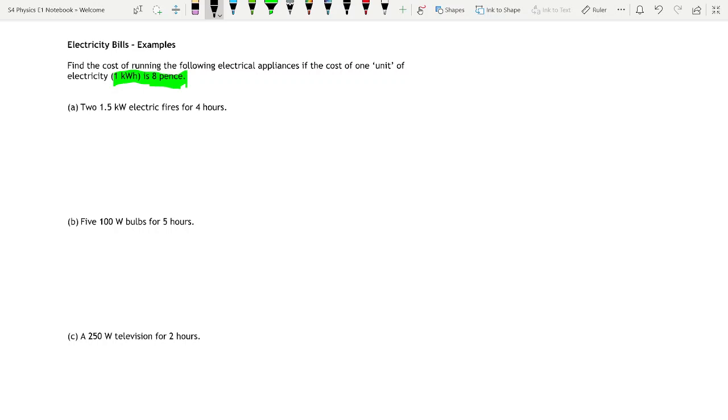So first of all, for 2 1.5 kilowatt electric fires for 4 hours. So how many kilowatt hours? To do that, we do number of kilowatts times number of hours.